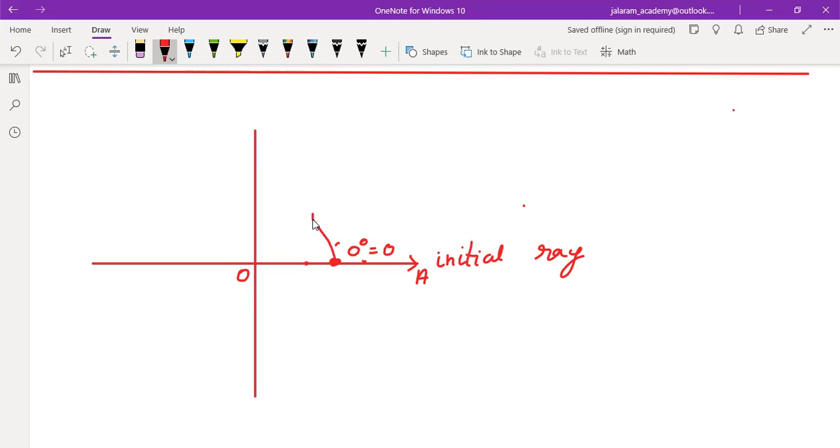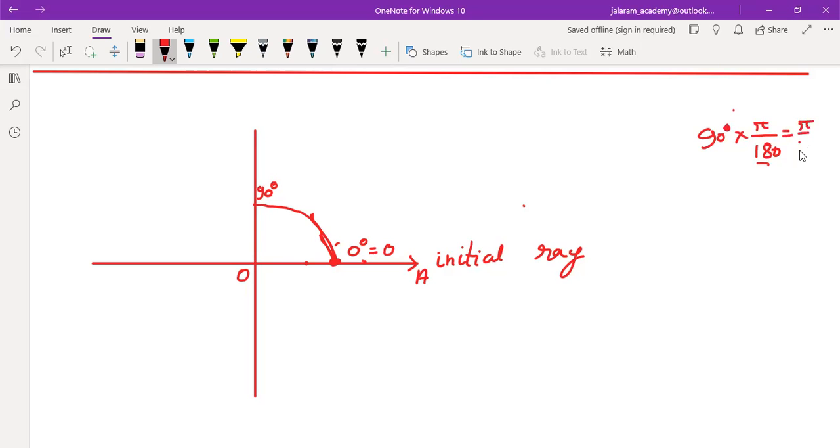And if we move from this point and reach the next point, this angle is clearly 90 degree, or if you convert it to radian, you have to multiply it by pi by 180. Whenever we have to convert an angle from degree to radian, we multiply it by pi by 180.